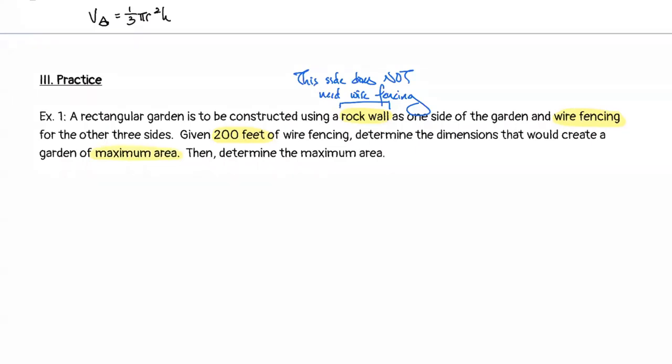Okay, so right here, I'm reading through the problem. I don't see a single thing about time, but what I do see is maximum area. And because I see that phrase maximum, I'm thinking optimization. Okay.